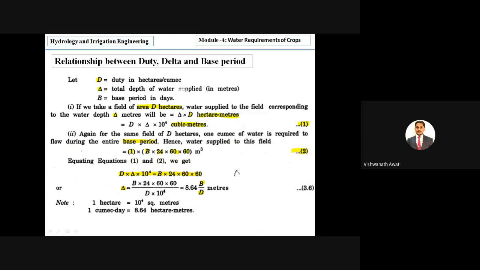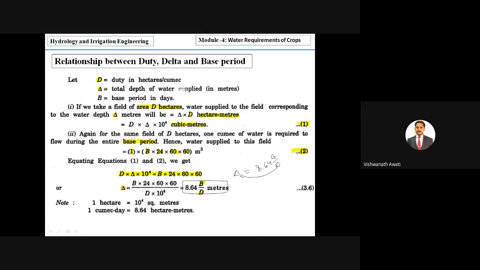That is, delta equal to 8.64 B divided by D, right? You can also interchange it: when you want to calculate the duty, D will be 8.64 B by delta, right? Similarly, this equation is very important.